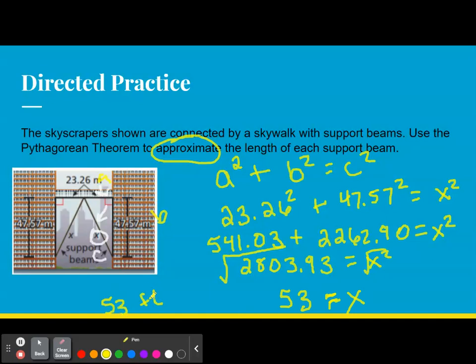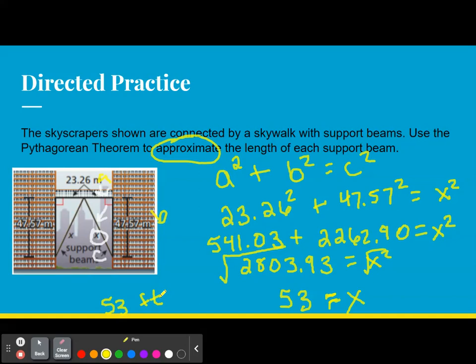But notice, if you rounded here and got 2,804, what did you get when you do the square root of 2,804? 52.95? Okay, so it rounds to 53 also. Now, whenever it says approximate, it really depends where you round.